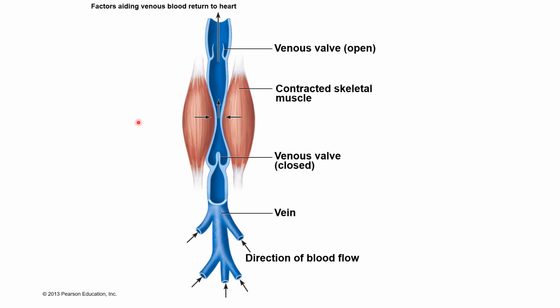When the skeletal muscles in your legs contract, that's actually going to help squeeze those veins, helping push the blood upwards. When individuals have problems with their valves and their valves are becoming leaky and they're not functioning properly, the blood backflows, and that's when you start getting those varicose veins in your legs.